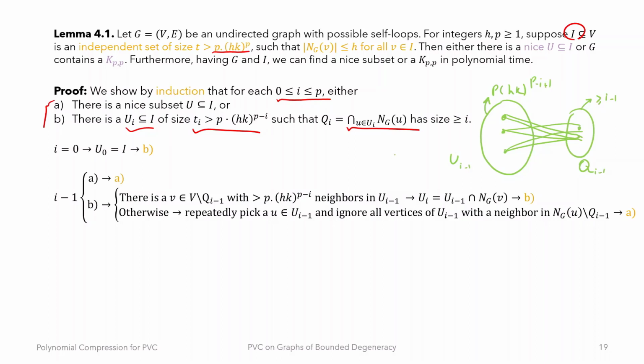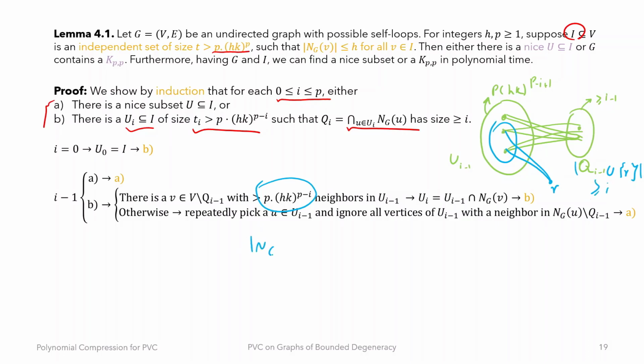Okay, so we consider two cases. If there is a vertex V outside Q_{i-1} and V is connected to at least this many vertices in U_{i-1}, then the intersection of neighbors of V and U_{i-1}, this part is U_i because it is big enough, and also the intersection of neighbors of its vertices is Q_{i-1} union V, which has size at least I. And we're done.